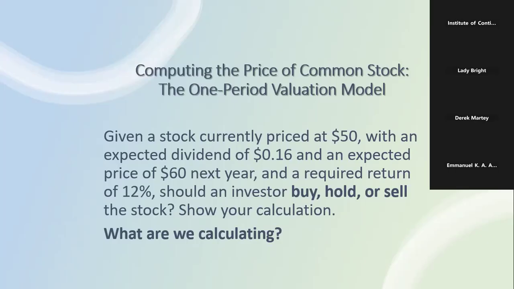I need ideas. What do you think we are calculating? Using the formula that you have. I said P0 is for what? Current price. Market price.